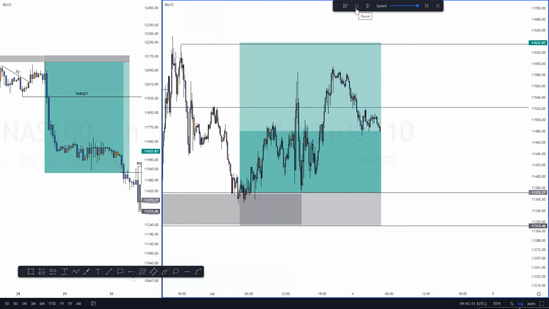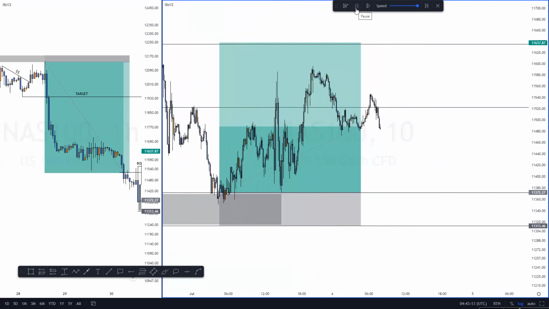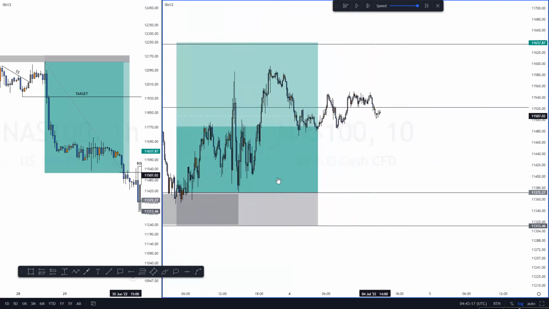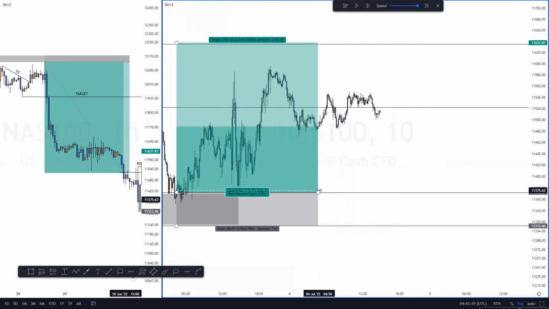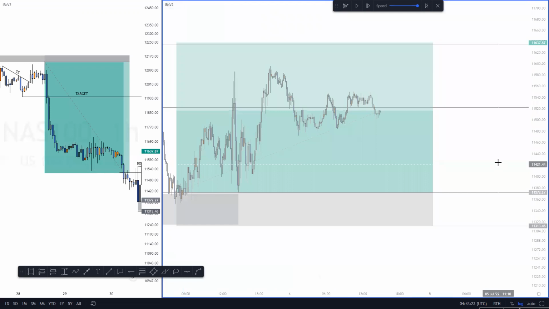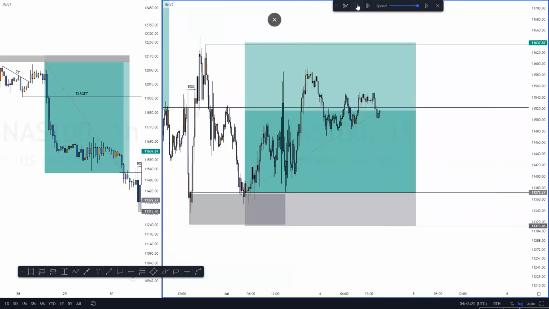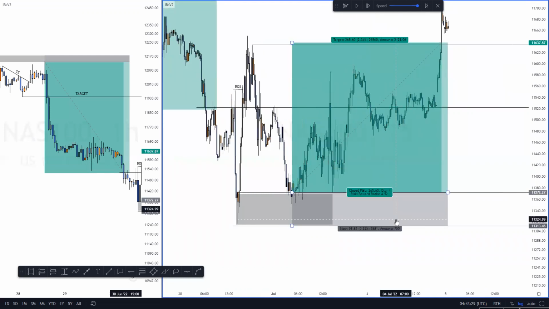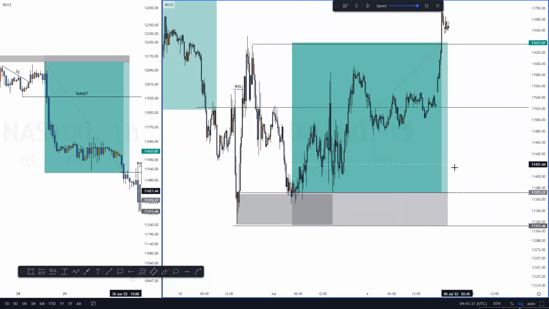Okay, so it's going down and still consolidating. Let's go to a higher time frame so we can see it move faster. And boom. Target was hit, and this was 1:4, which is actually very nice for us.